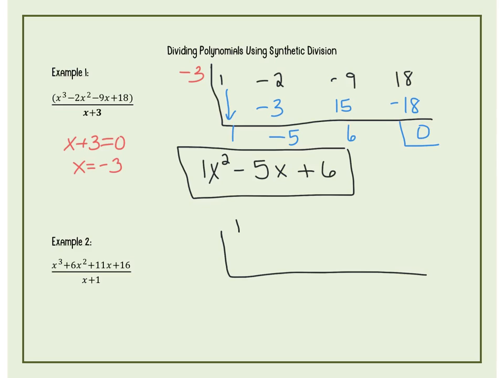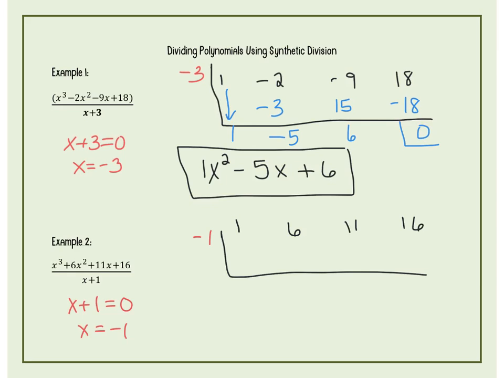The number that goes on the outside comes from taking your denominator and setting it equal to 0. So how do I move the 1 over? I subtract the 1. And that's the number that goes out here.